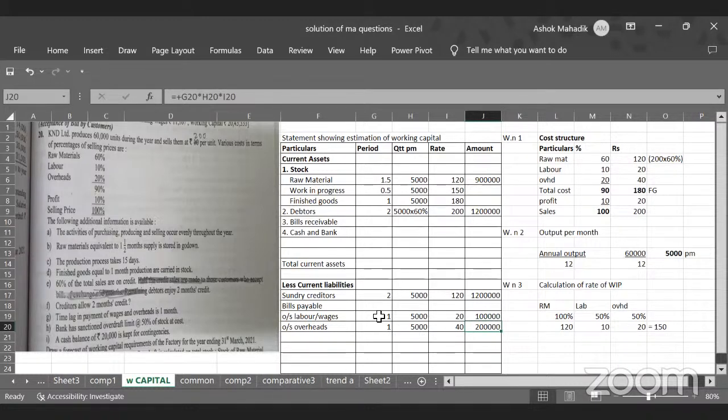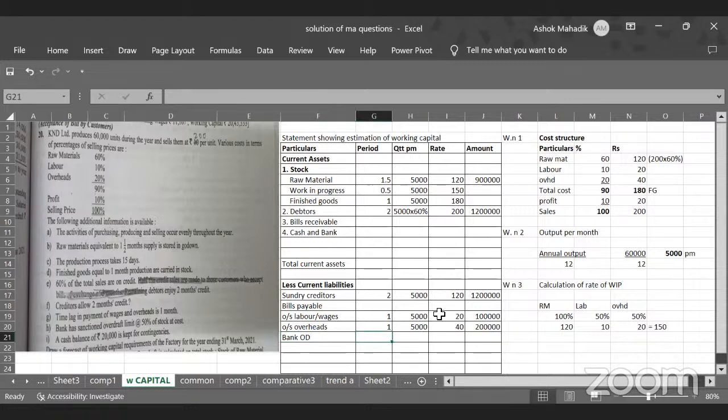Next, the bank has sanctioned an overdraft limit of 50% of stock. Stock at cost. So overdraft is what? Our current liability, bank OD. How much does it say? 50% of stock.